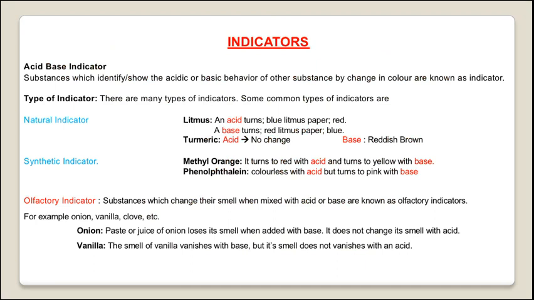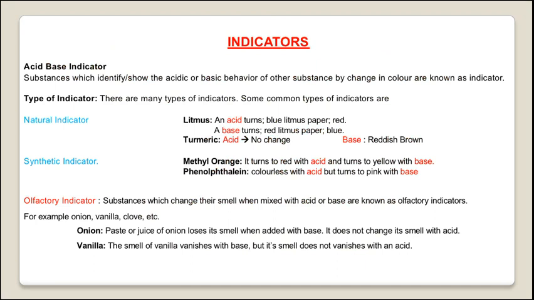Next, phenolphthalein is colorless, and when it is put into acid it remains colorless. Acid is also colorless, but when it is put into base it turns pink. So methyl orange and phenolphthalein are synthetic indicators, meaning they are man-made in factories, whereas natural indicators, litmus and turmeric, are obtained from plants.